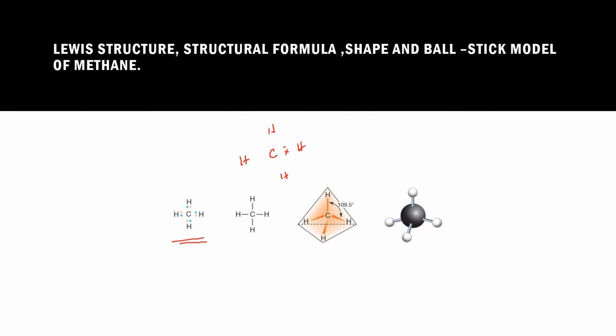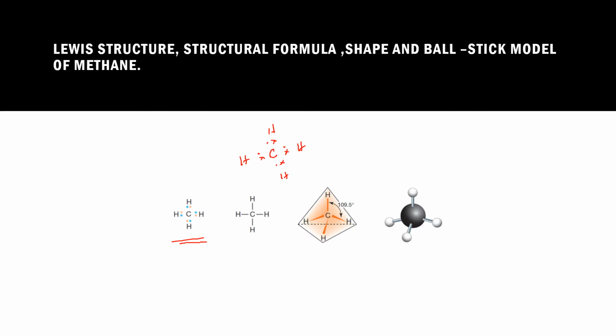For example, the cross is the electron given by the carbon, and the dot is given by hydrogen. So dot, cross, dot, cross, dot, cross, and ultimately the carbon should have 8: 2, 4, 6, 8, and each hydrogen is satisfied with 2. That's how we write the Lewis structure.